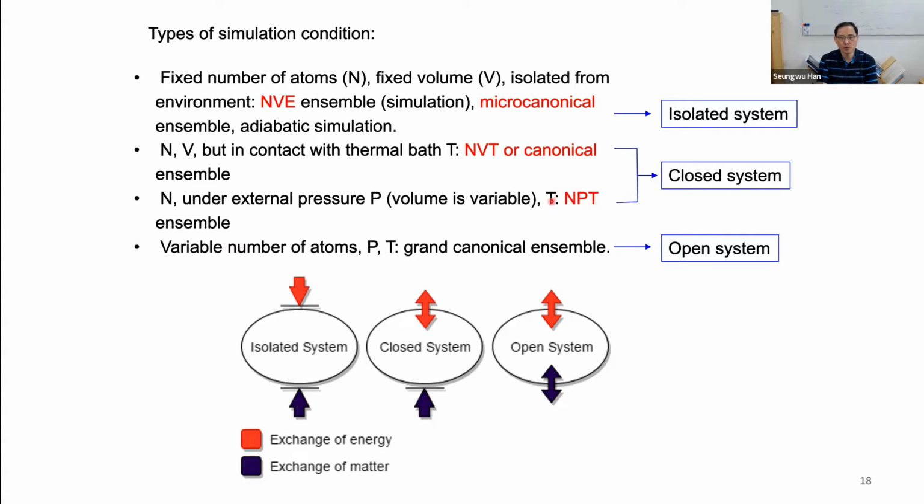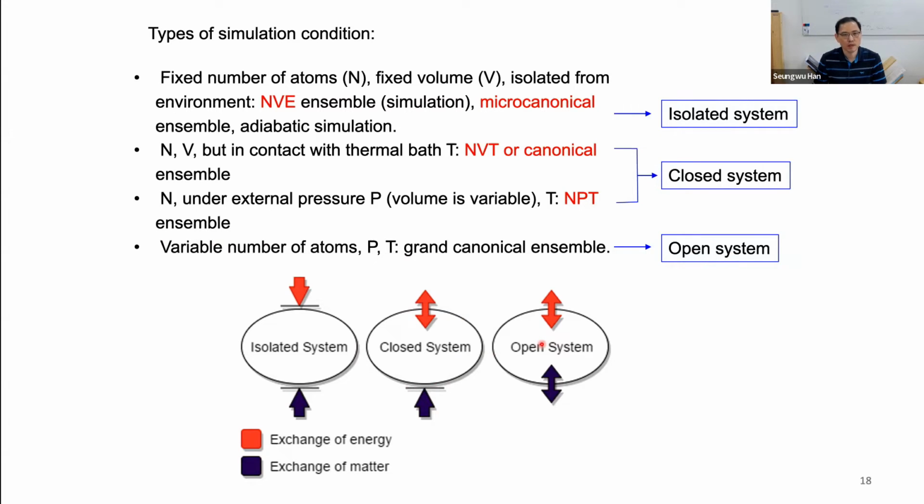These two are called closed systems, meaning that they can exchange energy, and mechanical energy in the form of pressure, but they do not exchange matter with the environment. The most general simulation is the one where you can change the number of atoms, which is called the grand canonical ensemble. This is the open system.